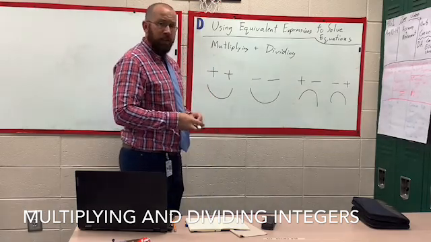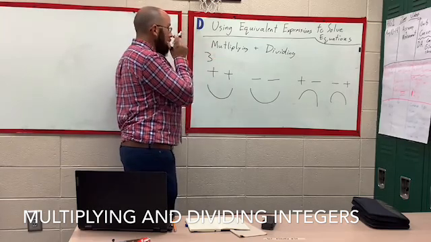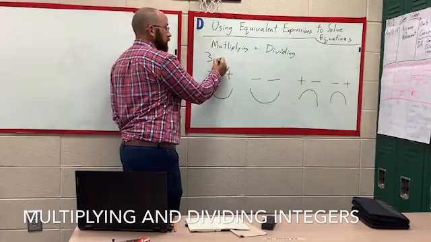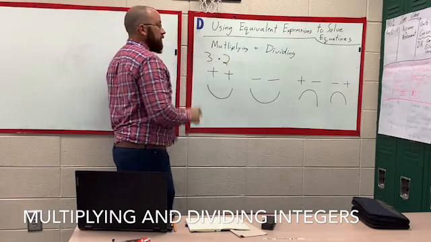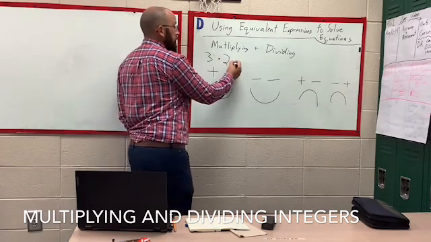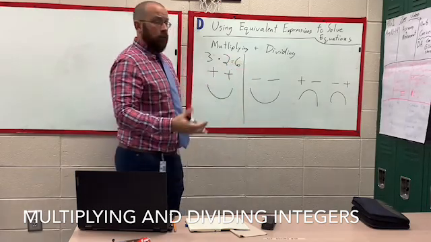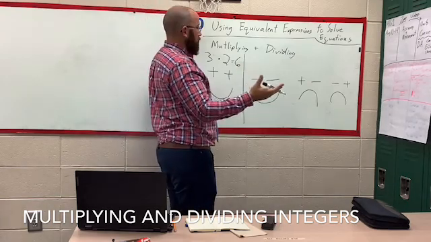And I'll give you an example of each. So if you say 3 multiplied by 2, both positive numbers. So what's our answer going to be? It's going to be positive 6. Multiply two negative numbers.